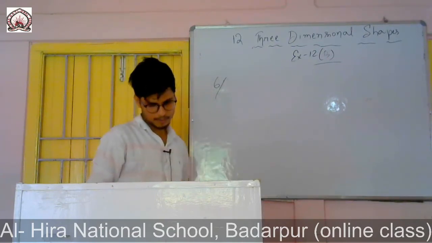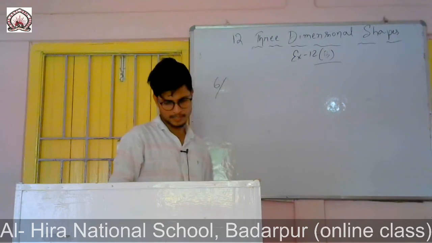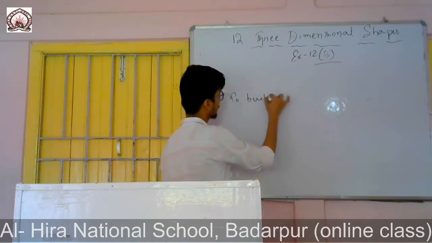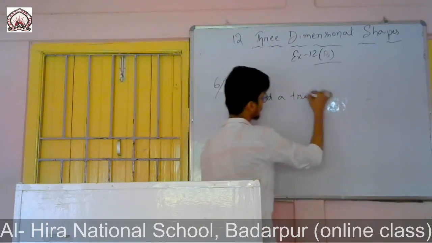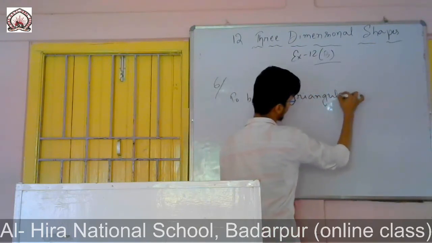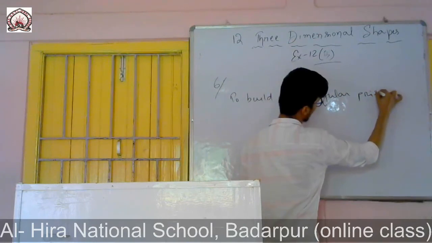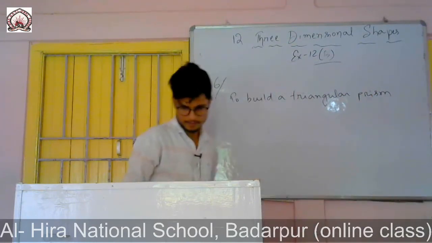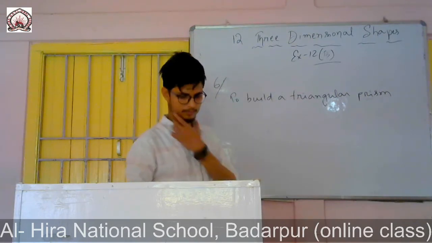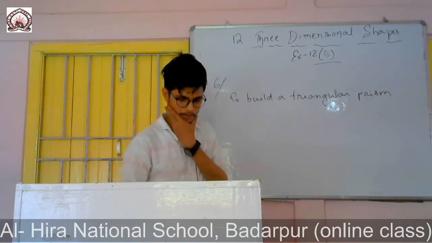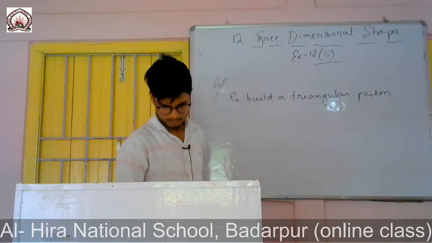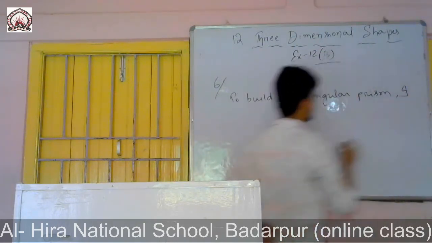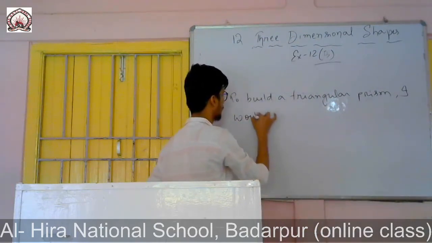So what shapes do you need to cut out of paper to build a triangular prism?